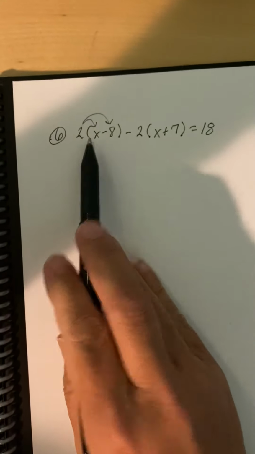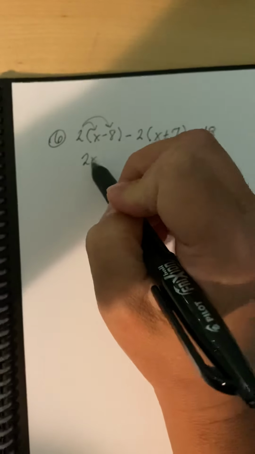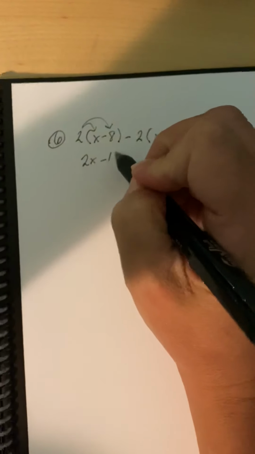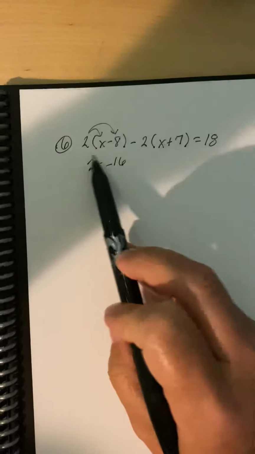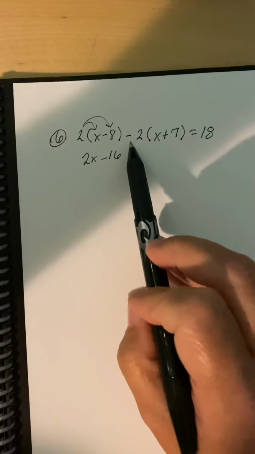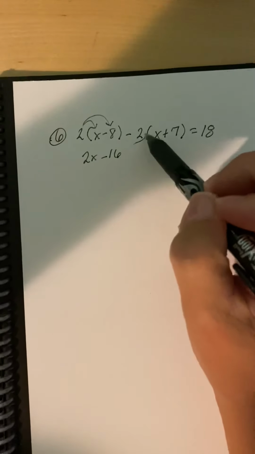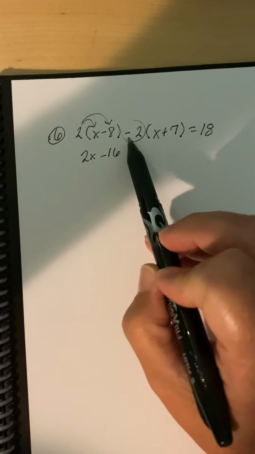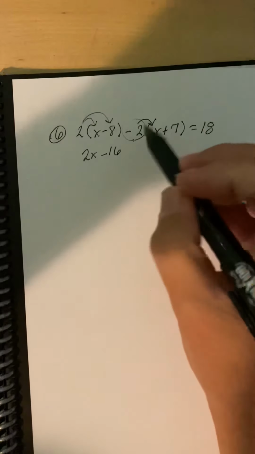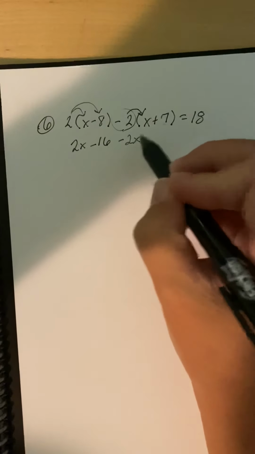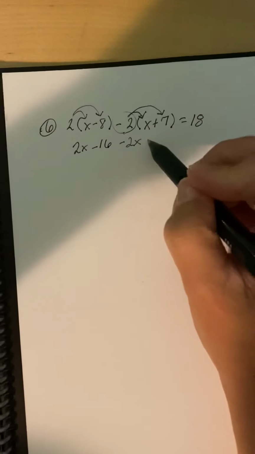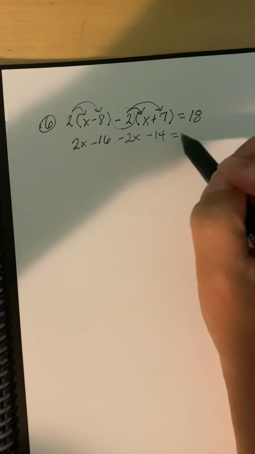So 2 times x is 2x. 2 times negative 8 is negative 16. We're done with this parentheses. Now let's move on to the second one. Be careful, you've got to distribute a negative 2 here. That minus sign has to go with that 2. So negative 2 times x is negative 2x. Negative 2 times 7 is negative 14 equals 18.